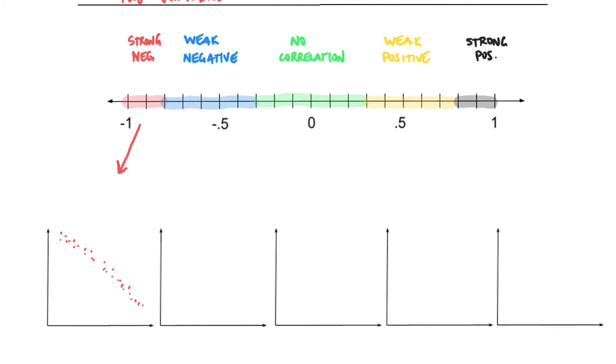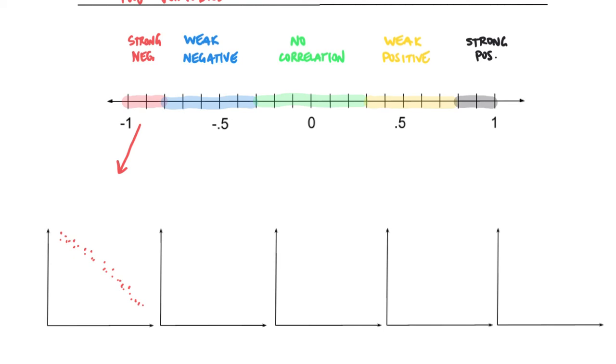So you can see that these points, they're not a perfect line, but they are pretty darn close to a line, and it's negative, as in the higher the x variable goes, the lower the y variable goes. As this increases, this decreases, so it's heading down.